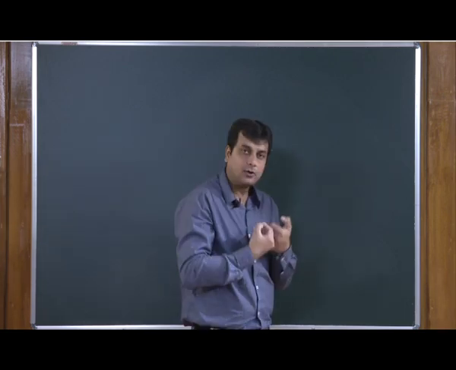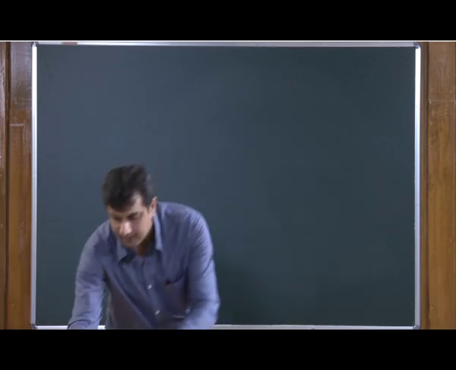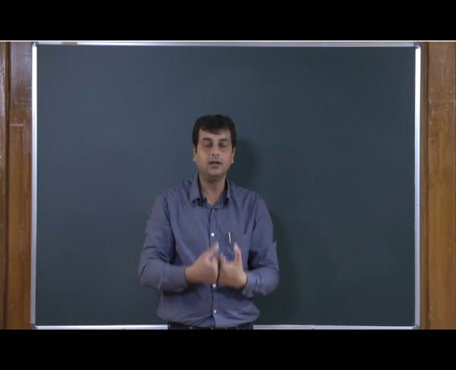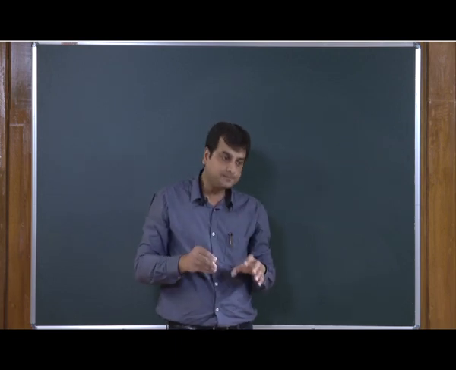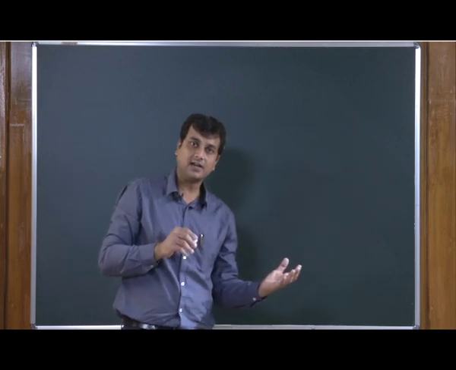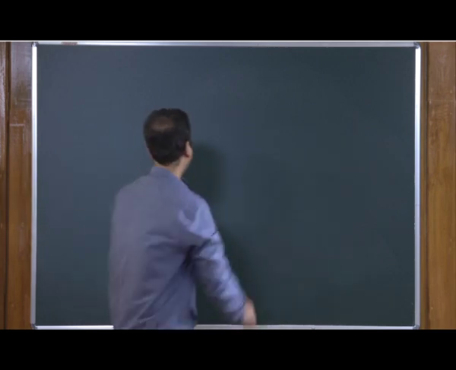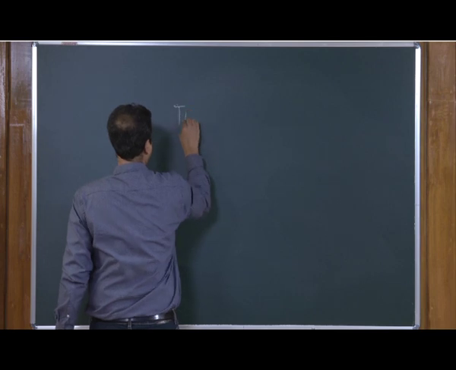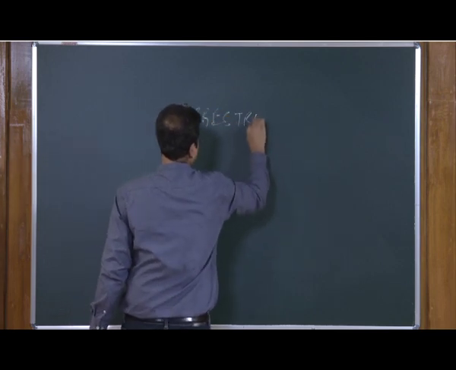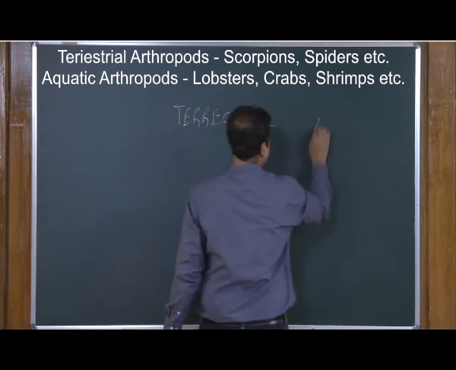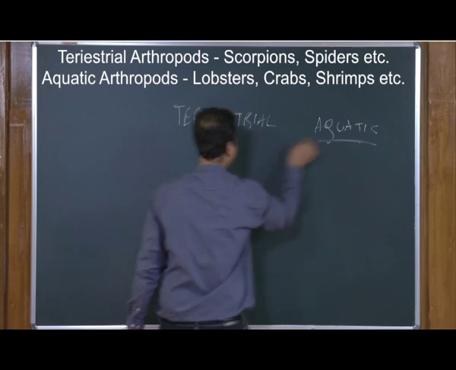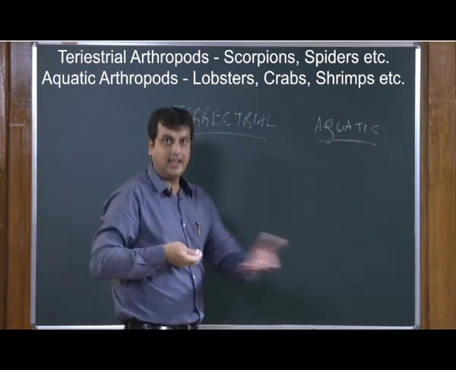Their whole body has jointed legs and appendages, all joined with each other. Arthropoda live in both terrestrial and aquatic conditions. That means they can live in water and they can live on land also.